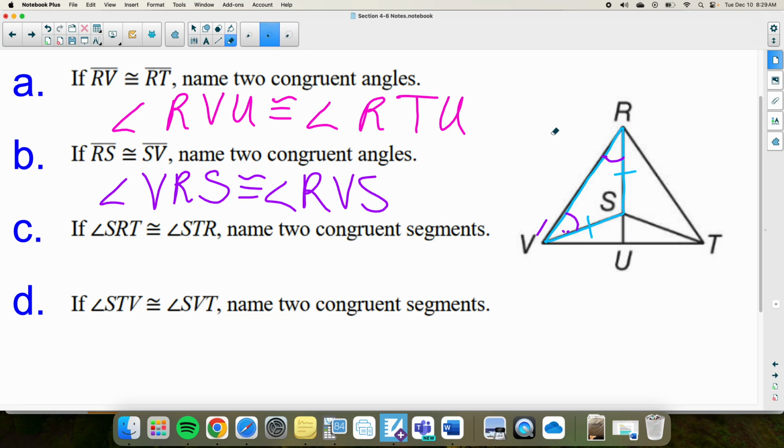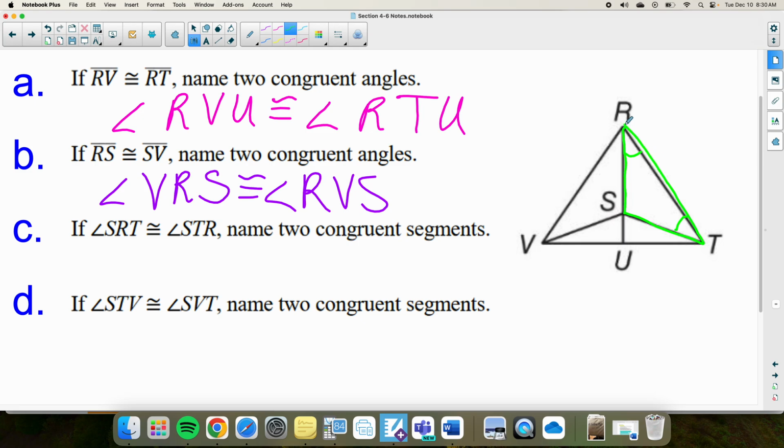Then, if we look for our next part, it says if angle SRT is right here, is congruent to STR right here, name two congruent segments. So this is the triangle.